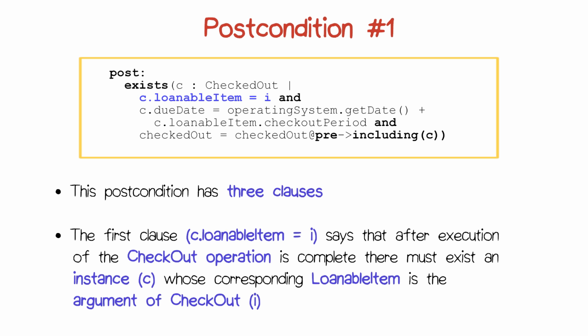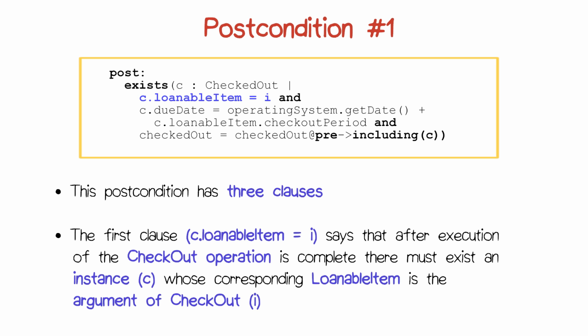OCL has a keyword, indicated by the @ sign followed by the word pre. So this is saying checked out at pre means the version before we call the operation, and checked out by itself means the version afterwards. And there is an operation on sets, and checked out is a set, a set of links, that allows us to indicate that another element is associated with that particular set, and that keyword is including.